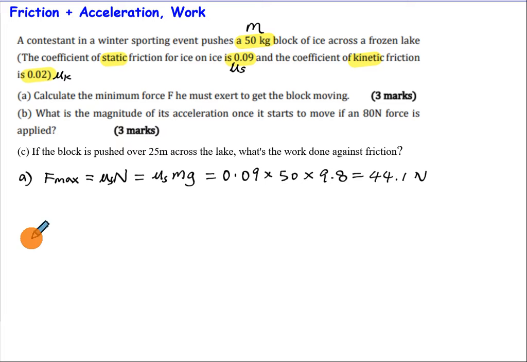Part A is done. Part B: what is the magnitude of its acceleration once it starts to move if an 80 newton force is applied? So this 80 newton force is trying to move this block, therefore this one is my driving force.